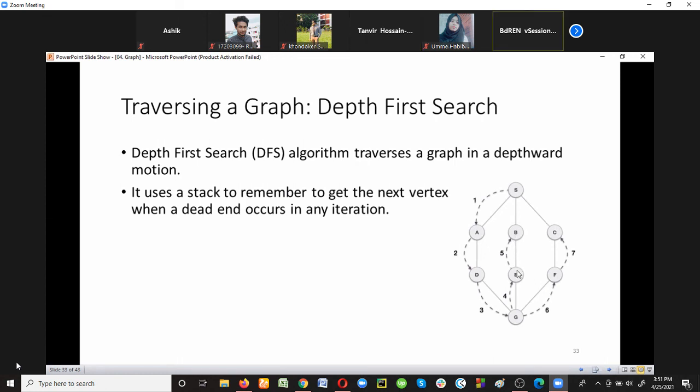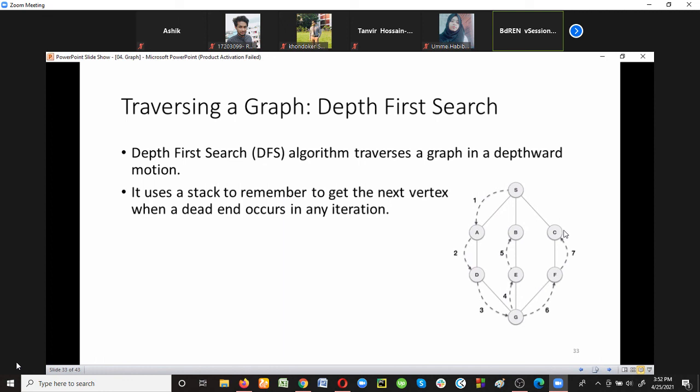So B to E, E to G, and G has the adjacent nodes D and F, but D is already visited, so now we can traverse F. After that F to C, and then again backtracking. Although we have already traversed all the nodes, we have to make the stack empty. After traversing all the nodes, we use the backtracking technique to delete all the nodes from the stack. So this is depth first search.